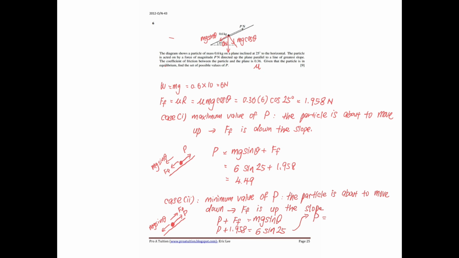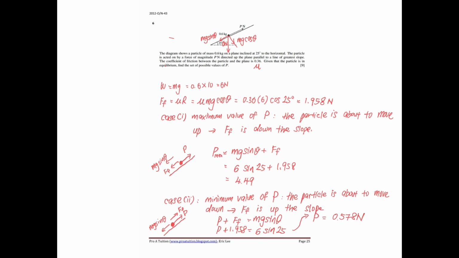So by doing so, we can get P. Okay, so we have to press the calculator, and at the end, we get 0.578 Newton. So from here, we get two values. From case 1, what we get is the maximum value of P, so let's say I call it P max.